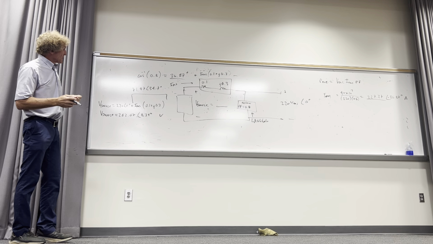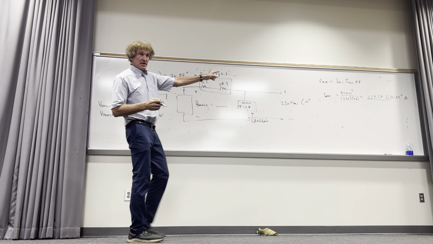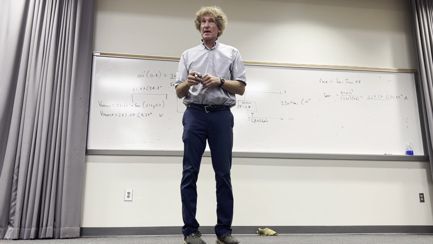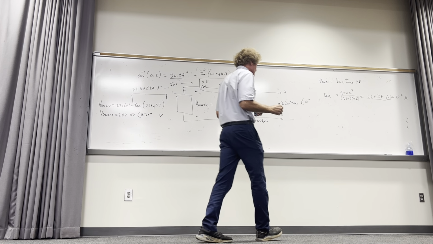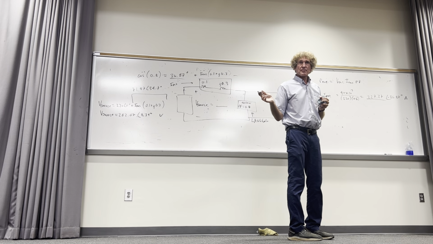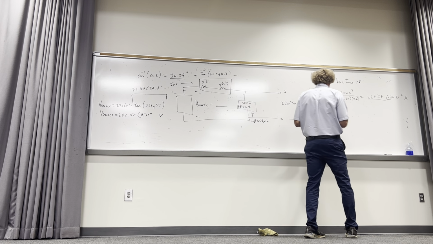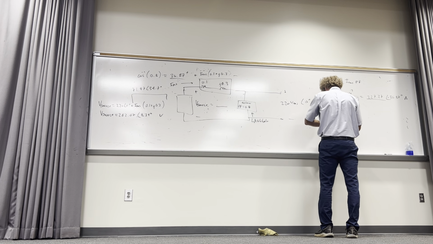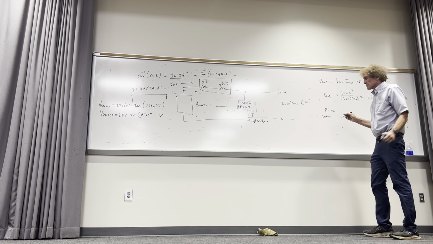Now I've got the current, magnitude and angle at the source, and I have the voltage, magnitude and angle. So what is the power factor at the source? Isn't that what he asked for too? Right? Power factor at the source is what? This is at the source. Cosine of what?